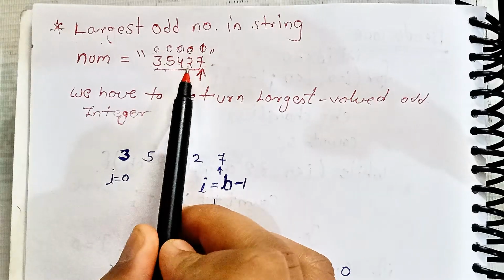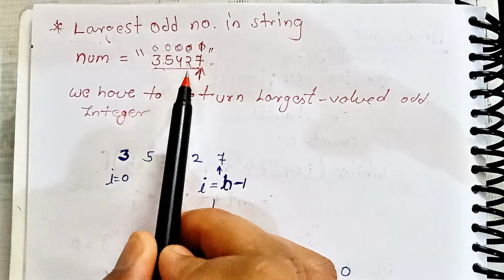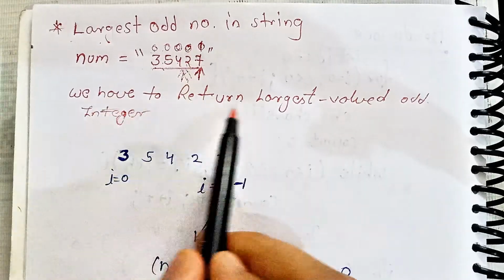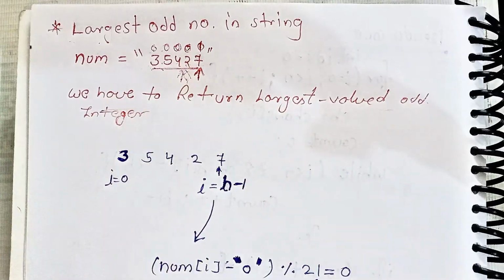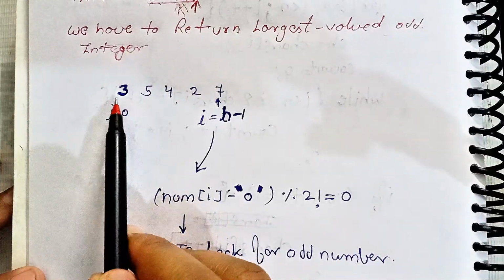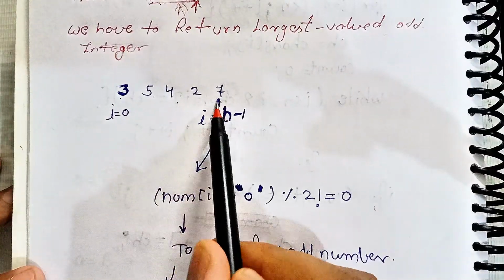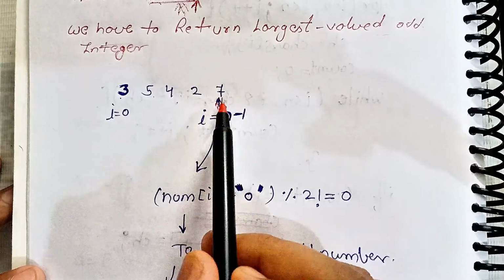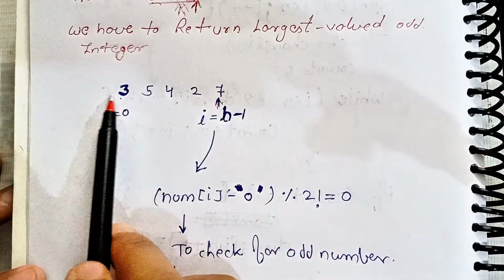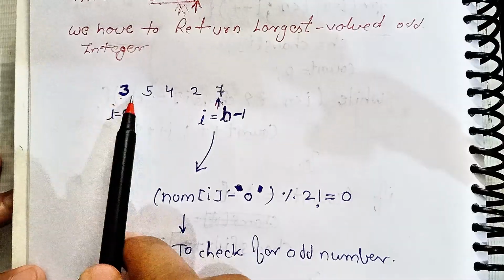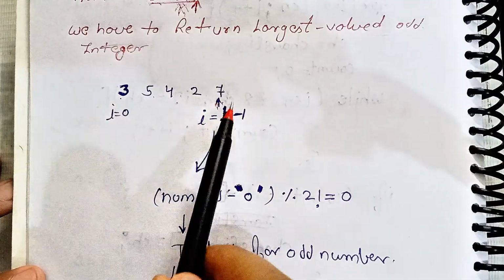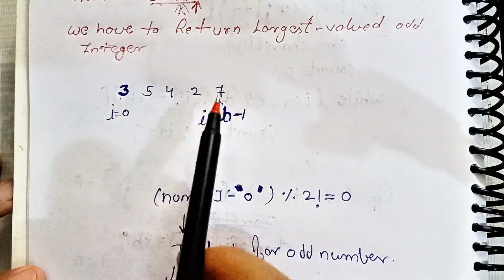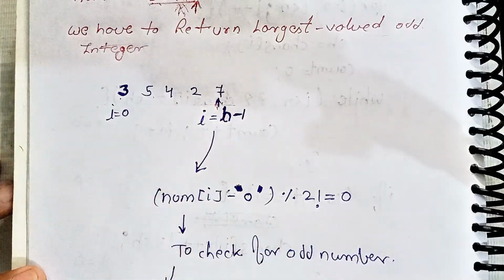If we get any odd digit, then we return the string up to there. So if we have the number 35427, we check the last digit. If this digit is odd, then we return the full string, because if we divide it by 2, it is not divisible by 2.